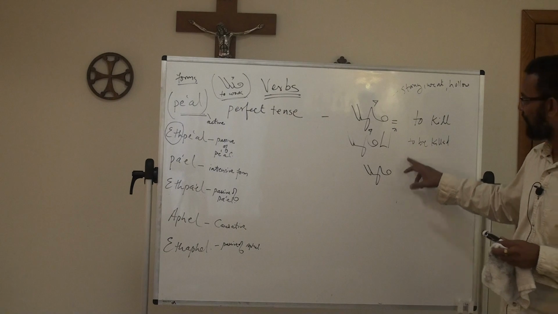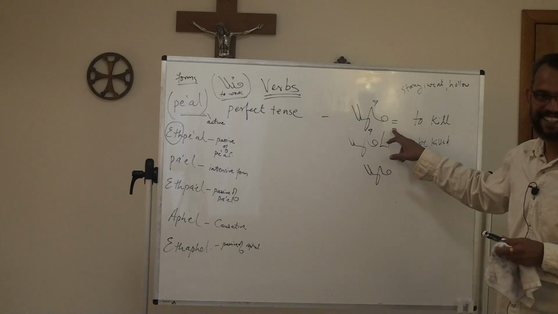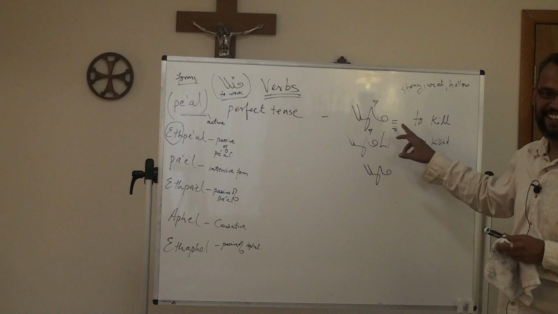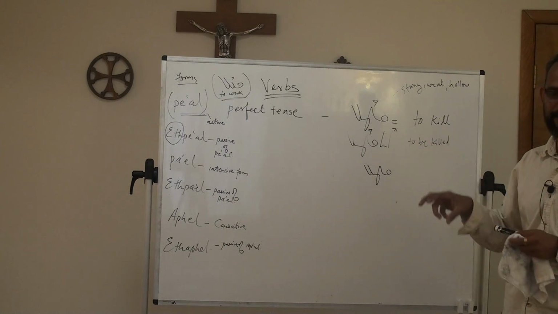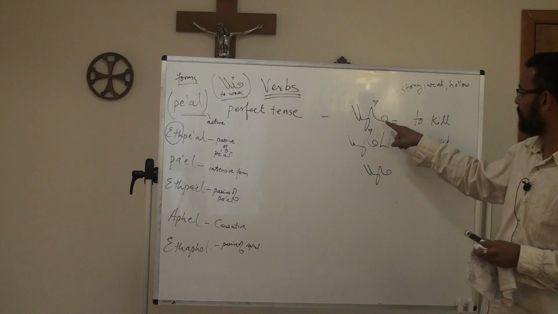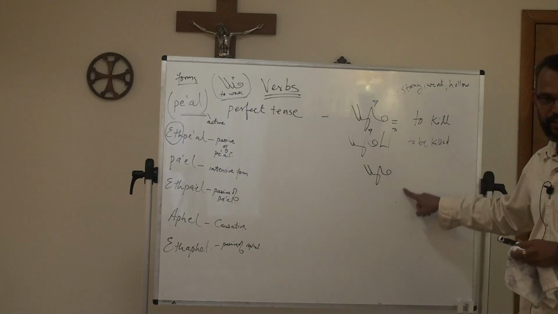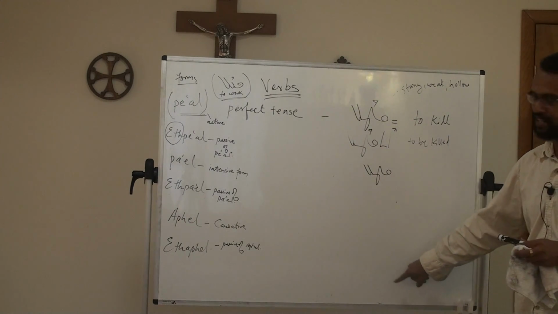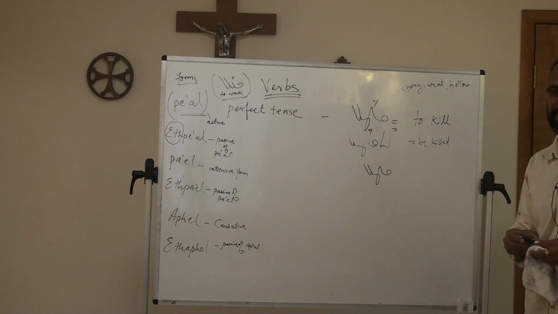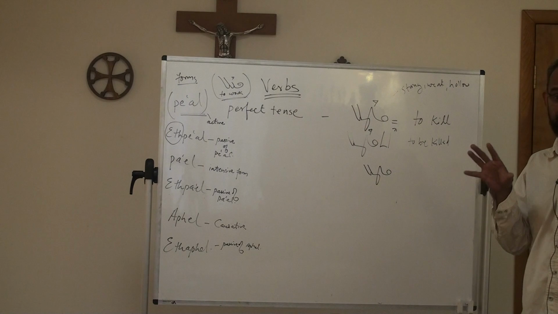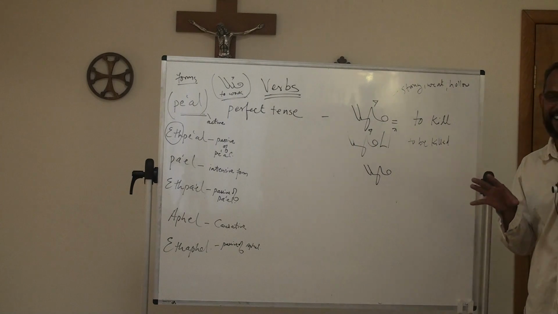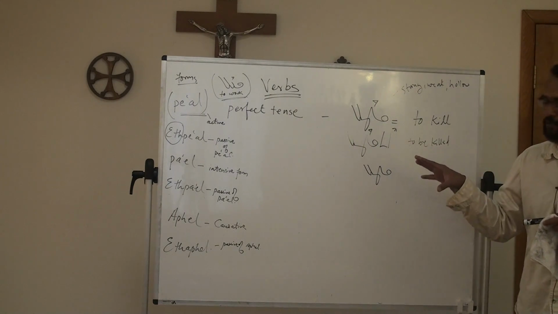You have to figure out what the root is, and then under that section you will get the different meanings. Or if you are able to figure out the meaning of this verb, naturally you will understand what other meanings are. Okay, so this is just a bird's eye look into these verb forms.